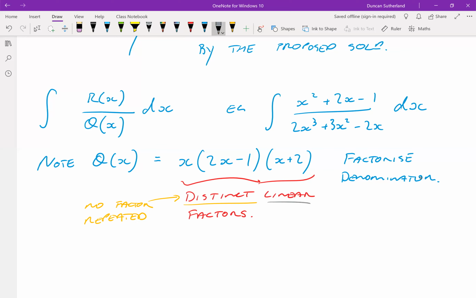Linear means that all factors look like this, not like, for example, cx squared plus d. So this would be a nonlinear factor.